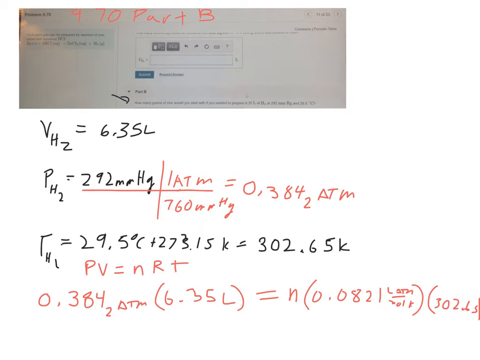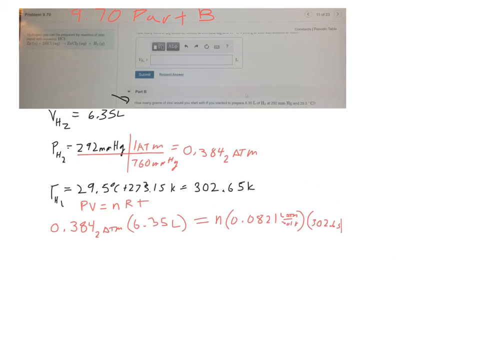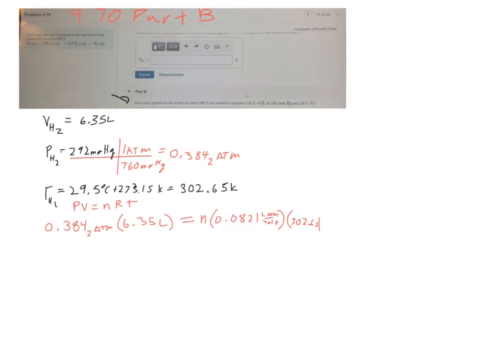So now it's a matter of algebra. I'm wanting to get my number of moles all by itself, so I'm going to divide both sides by my gas constant and my temperature.